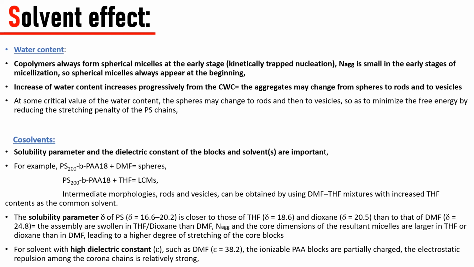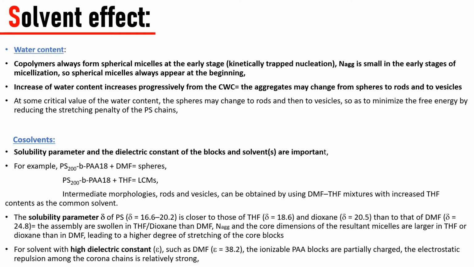Regarding the solvent effect, copolymers always form spherical micelles at the early stage because they are the kinetically trapped nuclei. Upon increasing the water content until a certain limit, it shifts from spheres to rods, then vesicles. Regarding the co-solvent effect, the solubility parameter and the dielectric constant of the blocks and solvent are very important.